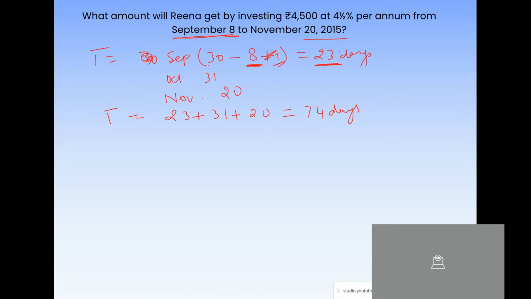We will be doing it here 30 minus 8, so it is 22 days. I'm so sorry for that. So it is 22 days, and then it will be 73 days.